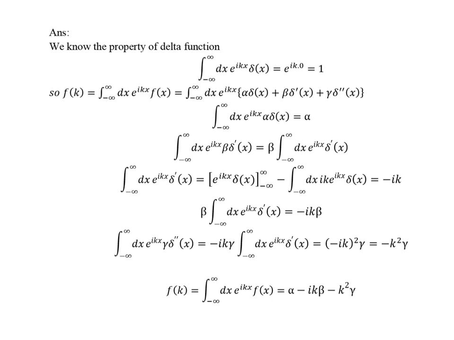It is very clearly shown in the slide, and it gives the value minus i k beta. Now considering gamma delta double prime x, we get the Fourier transform as minus k square gamma. So the Fourier transform of the function becomes alpha minus i k beta minus k square gamma.